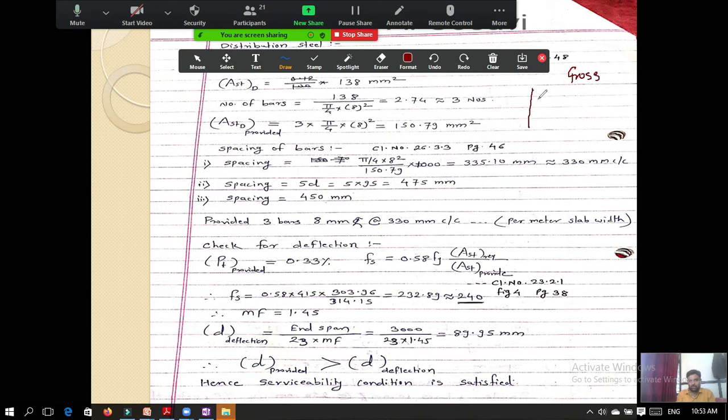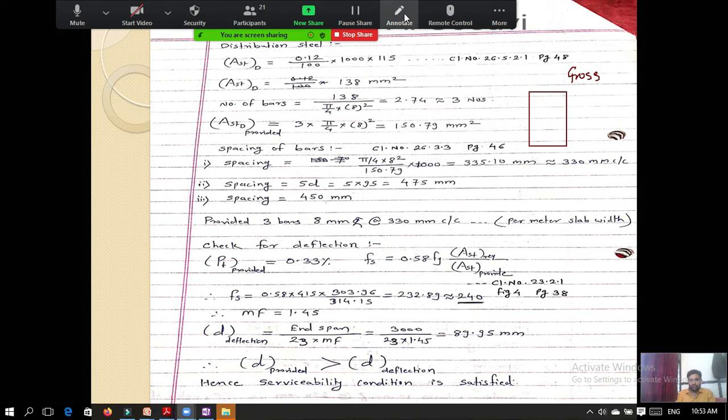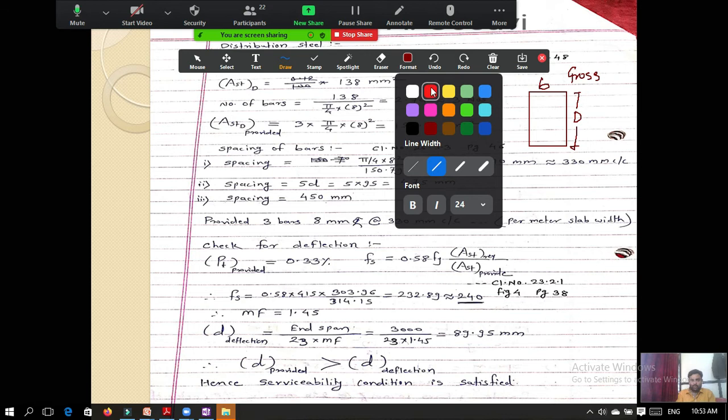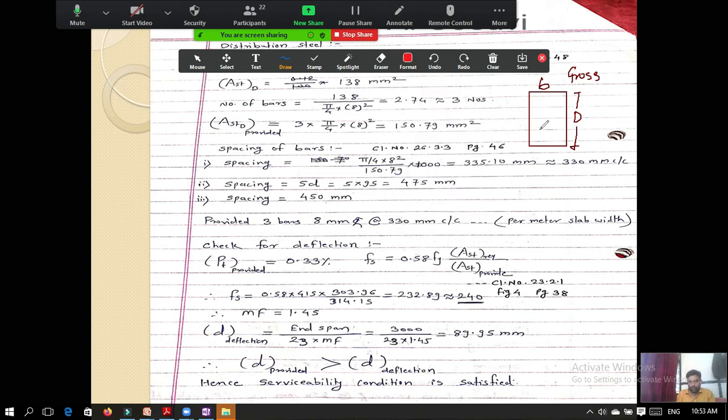Gross area means, if this is your cross section, then this is B, and this total is the overall depth, capital D. Suppose the steel bars are provided at the bottom, somewhere here.